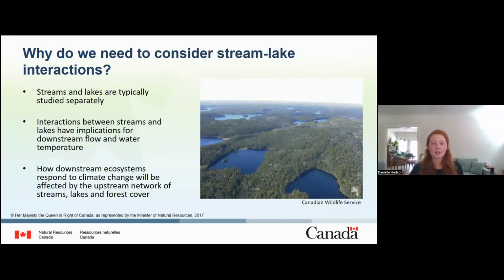Given the key differences that we know exist between lakes and streams, we might imagine that streams would respond differently if they are draining lakes or if they are groundwater fed. Basically, a downstream ecosystem is going to be affected by the streams and lakes you have upstream and how those interact with the forest cover.